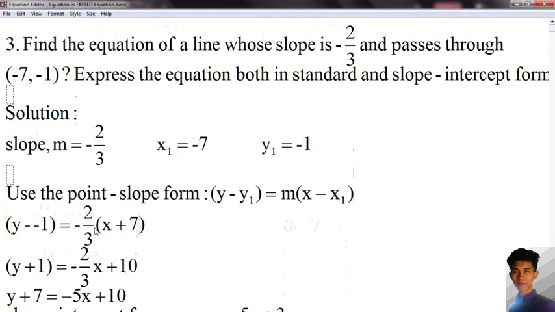Now, we have negative 2/3 dito times positive 7, no? So, mangyayari lang dito is negative times positive, that is negative. Okay? And then, dito makikita nyo, meron tayong fraction dito na mangyayari. So, the fraction form for this is, yung multiply lang natin yung numerator, no? So, parang simplifying or multiplying rational algebraic expressions lang yan. So, 2 times 7 is 14. Now, 3 times the denominator 1 is 3.